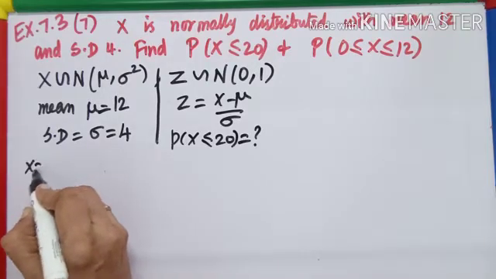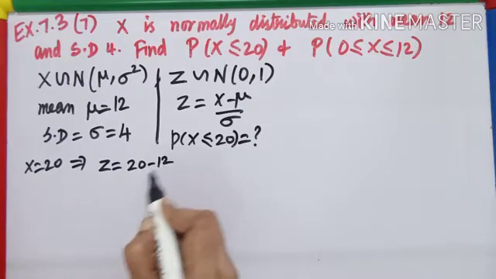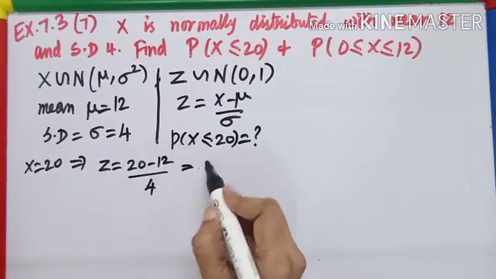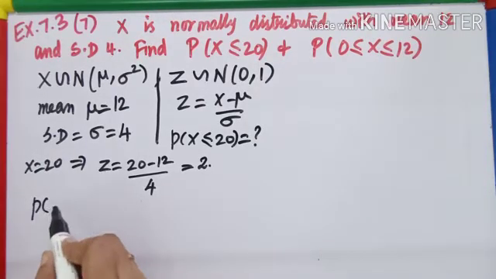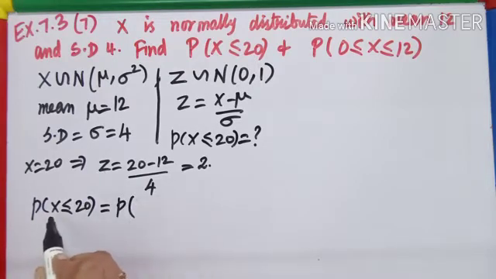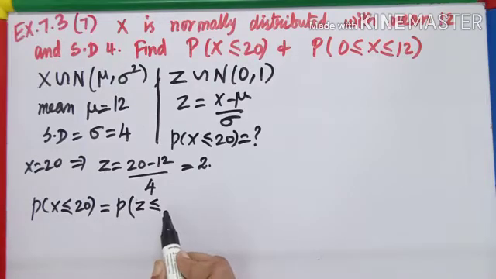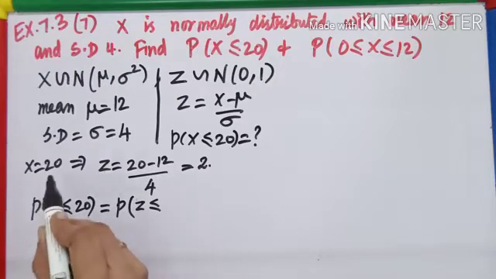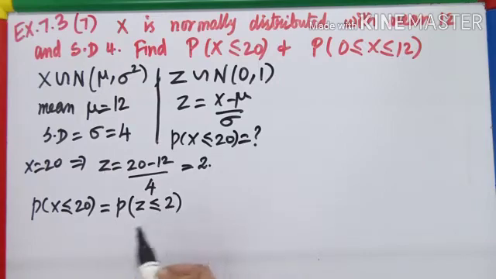So x is equal to 20 implies z is equal to 20 minus 12 by 4, or 8 by 4, that is 2. Write this question: P of x less than or equal to 20 is, instead of x we transform to z, less than or equal to as it is. 20 is now replaced by z, which value is 2. So P of z less than or equal to 2.